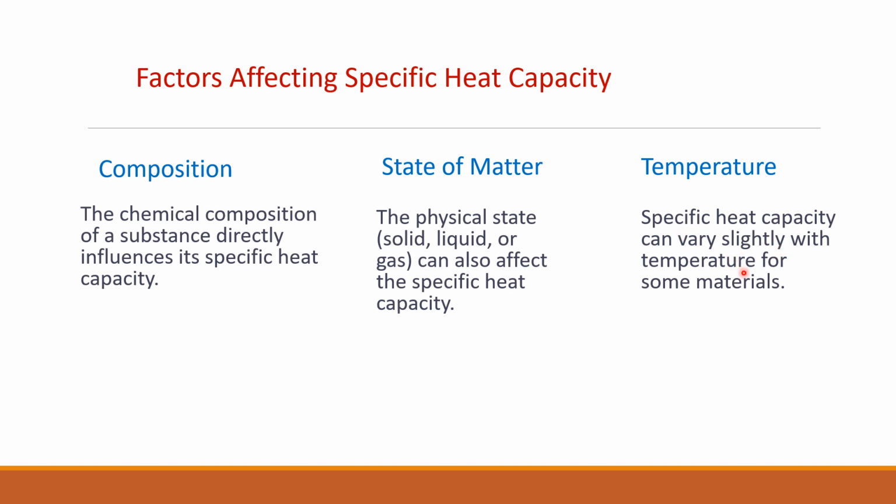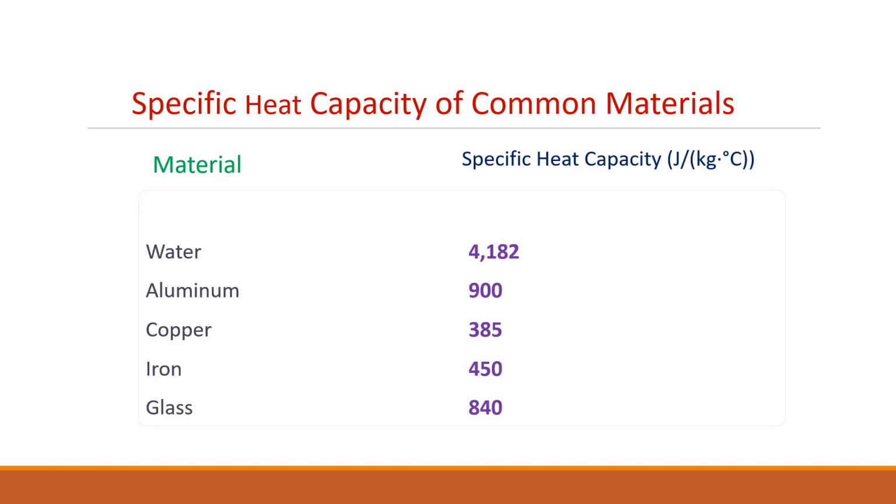Specific heat capacity slightly varies with temperature for some materials. At low temperature, the specific heat of the material shows one value. At high temperature, the specific heat varies. So these three factors affect the specific heat capacity of the material: composition, state of matter, temperature.